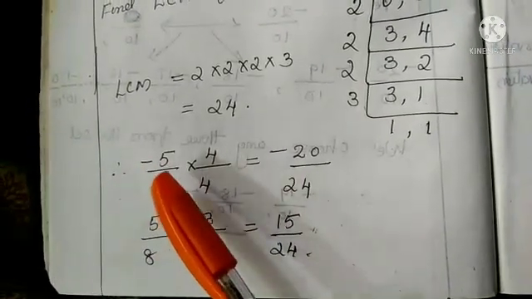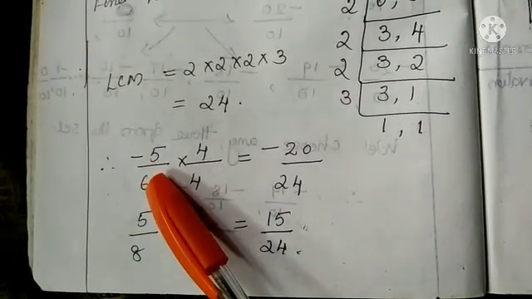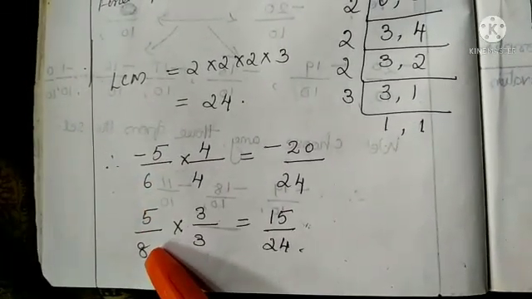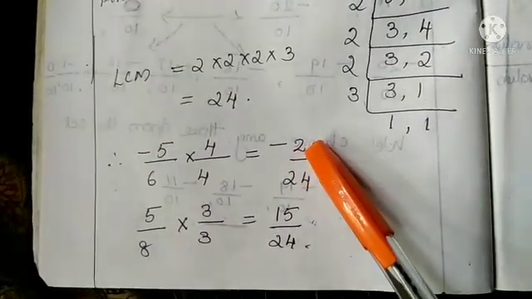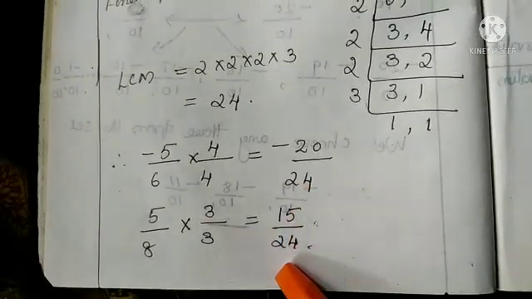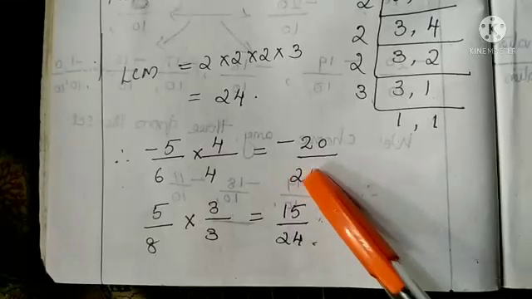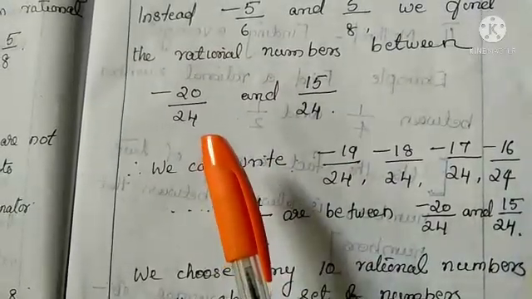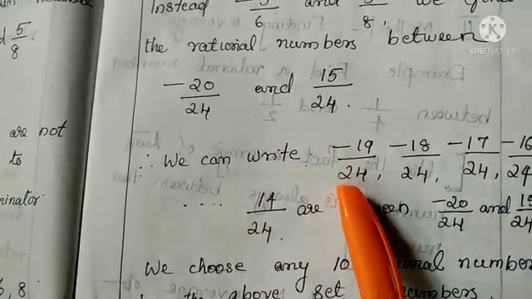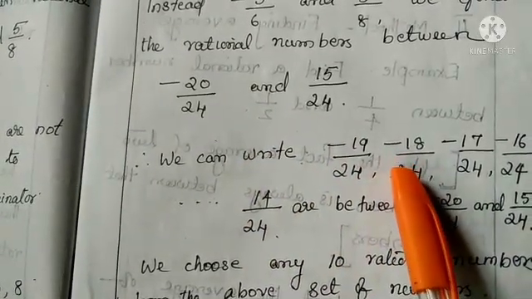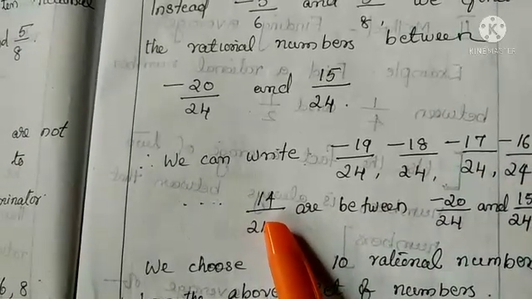Actually we have to find the rational numbers between negative 5 by 6 and 5 by 8, but we find the rational numbers between negative 20 by 24 and 15 by 24, because now the denominators are same. So we write negative 19 by 24, negative 18 by 24, etc., up to 14 by 24.